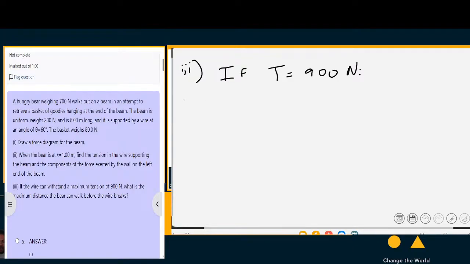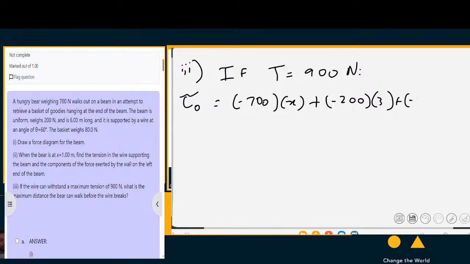So you do it again. The sum of all the torques is equal to negative 700 times x, this is the bear, plus negative 200 of the beam, that's at 3, then minus 80 times 6.